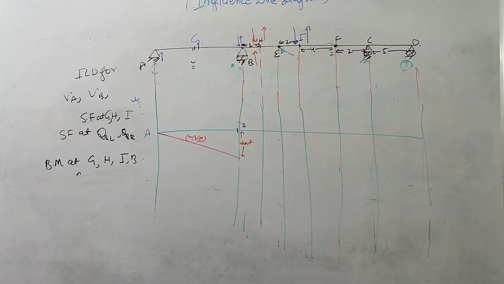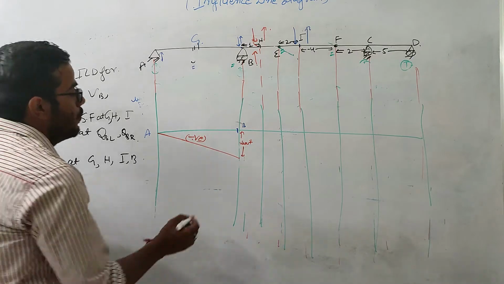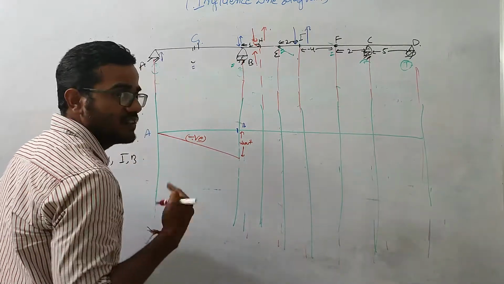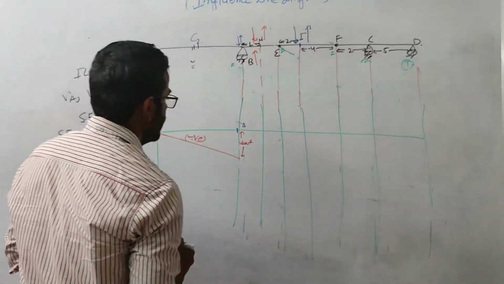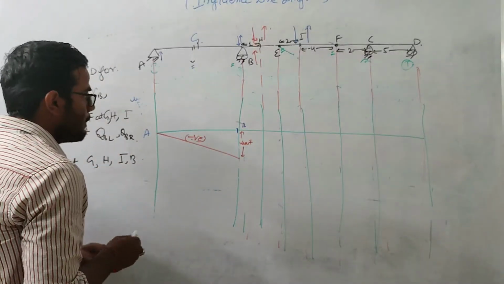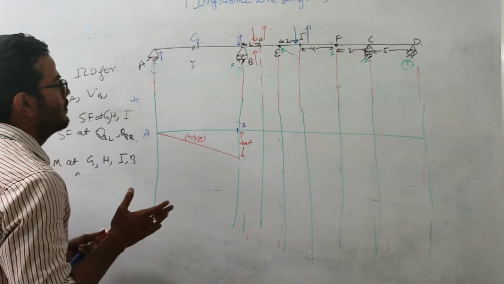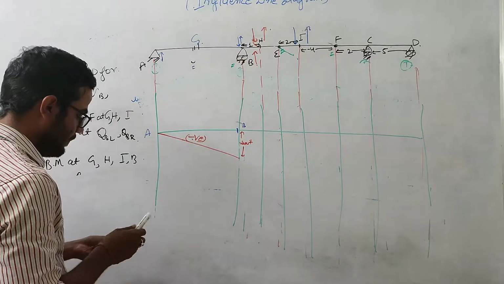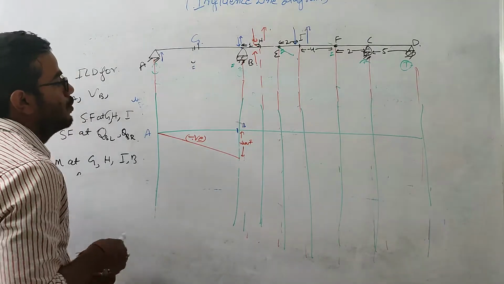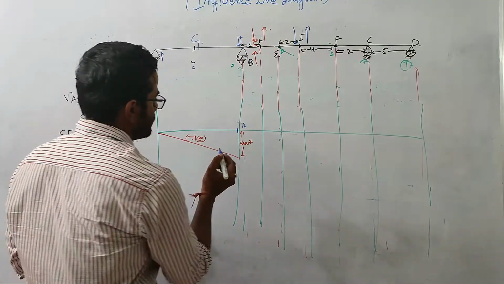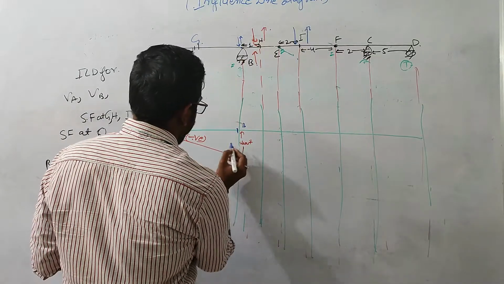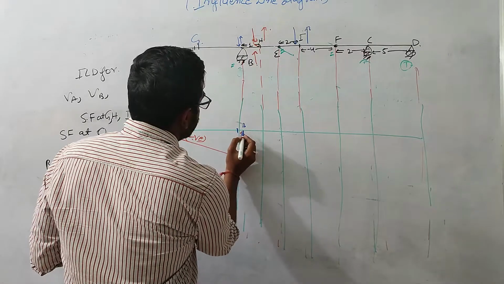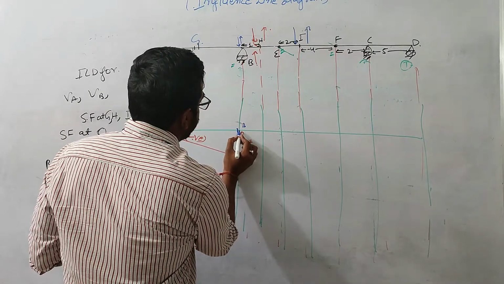But the important thing comes now. Just at the left of B, we are releasing the shear force, but we are not releasing the moment. So we are not releasing the moment, so the slope should be equal, right?